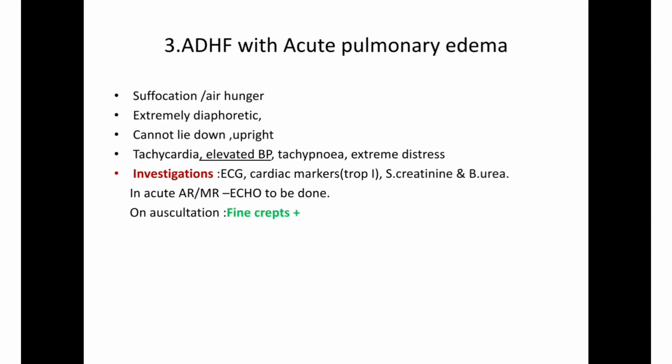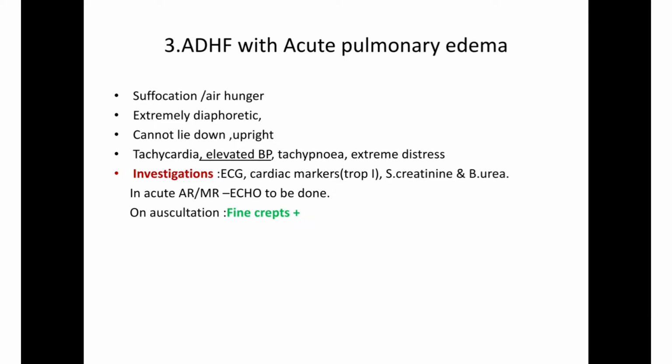The third classification is ADHF with acute pulmonary edema. The first two were not so severe, but in this third type the patient comes with pulmonary edema. It is a severe condition and we cannot miss this diagnosis, because the patient will be in a very severe state, with suffocation, air hunger, and extreme diaphoresis.